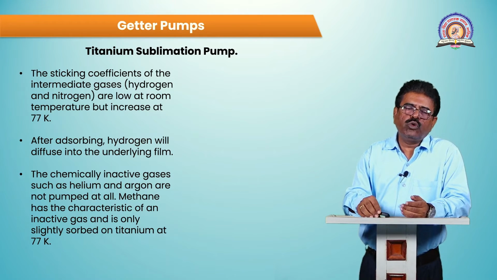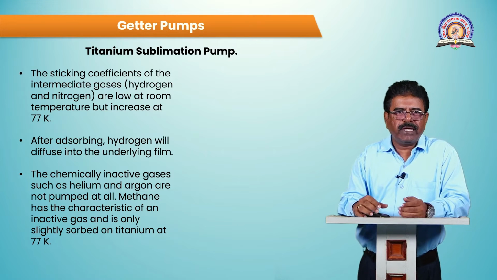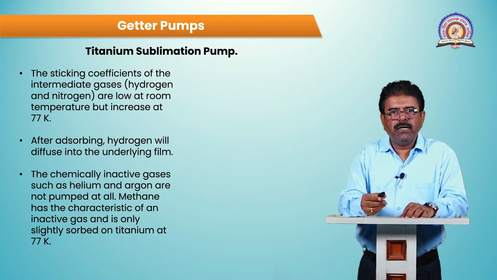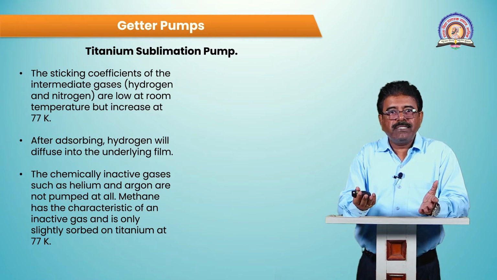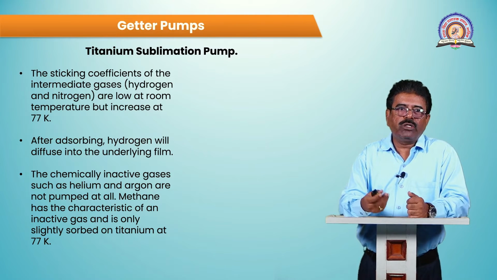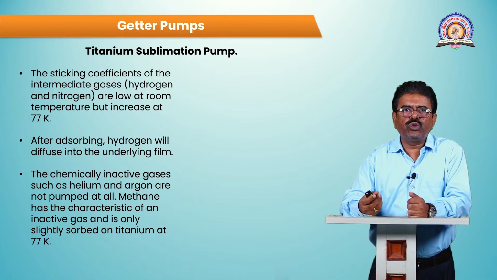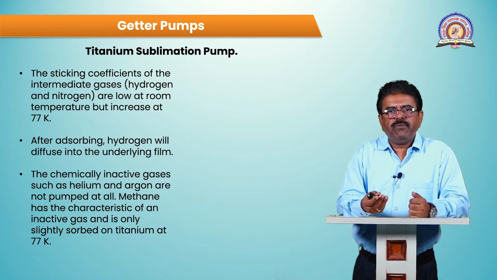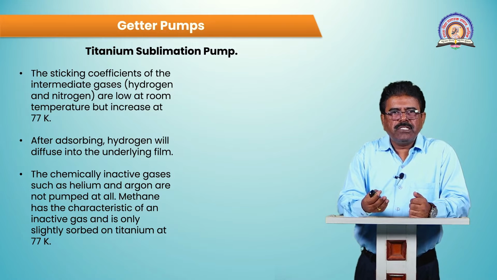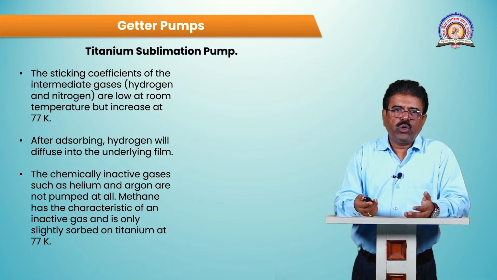Now the third group, that is chemically inactive gases such as helium, argon. You know that these are inert gases. Then one more, that is methane. So methane is also an inactive gas. And for these gases, this titanium sublimation pump is not that efficient.